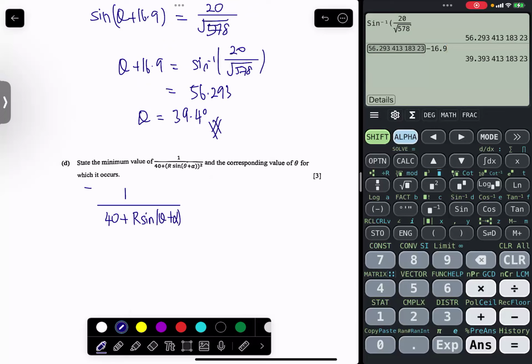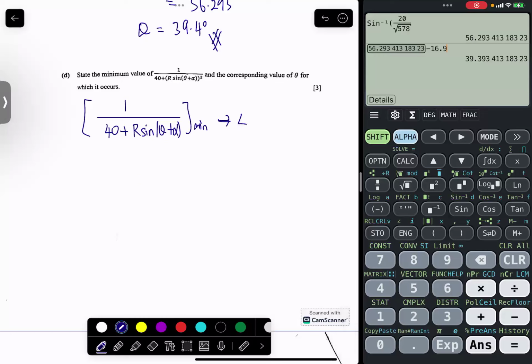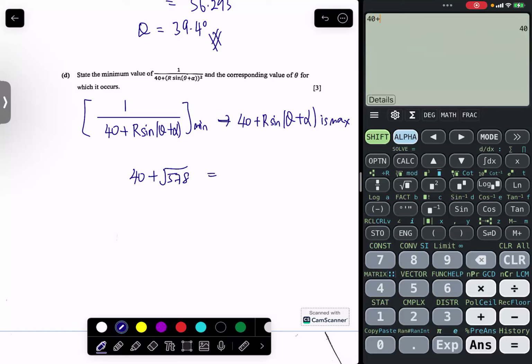The minimum will occur when 40 plus r sine of (theta plus alpha) is at its maximum. So the maximum will be 40 plus square root 578, which equals 64.041, when theta equals 90 minus 16.8, which is 73.